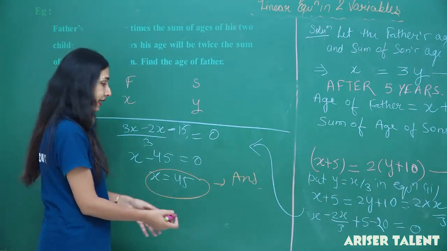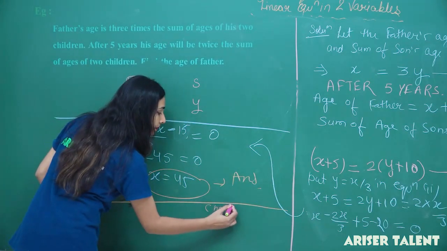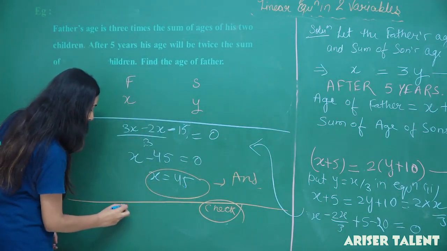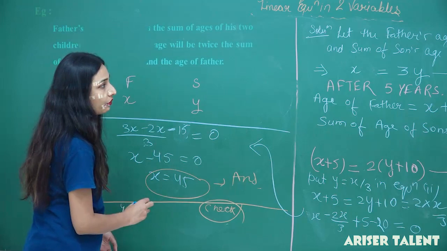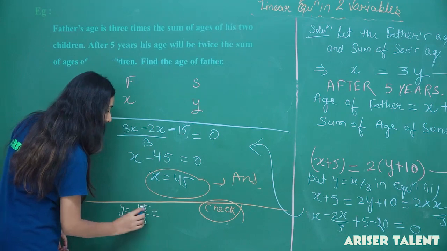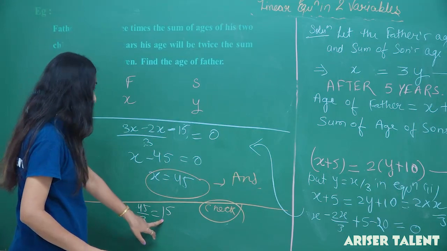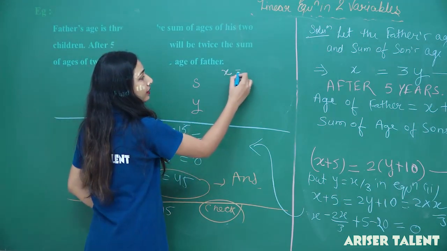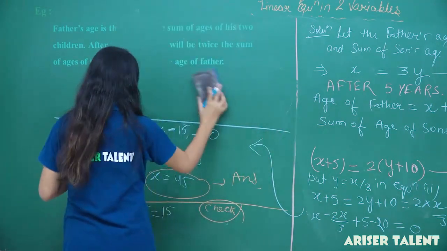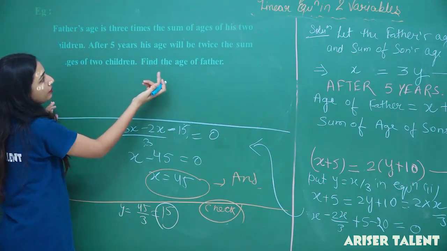Now if x is known, I can perform the check. Checkpoint. Right. If x equals to 45, y is equals to what? y is equals to x by 3. x is 45 and y is 3, 3 ones are 3, 3 fives are 15. So y is equals to 15. Now that means, if I go to the question, father's age is the 3 times of the sum of ages.